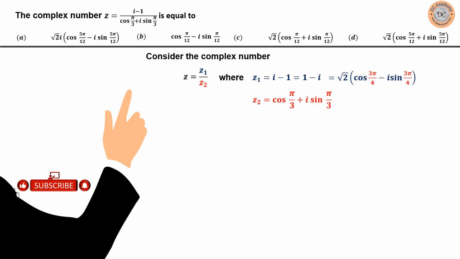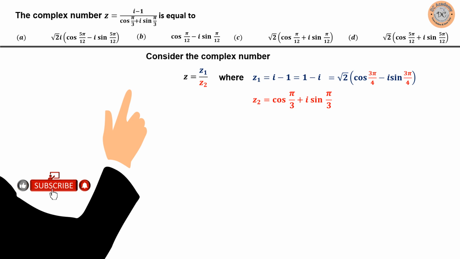Now we recall that z1 by z2 is there. So we can say it is equal to root 2 times cos 3 pi by 4 plus i sin 3 pi by 4, divided by again a cos and sine term. From here, maybe we can multiply the denominator and numerator by the conjugate and proceed, but that takes a lot of time.